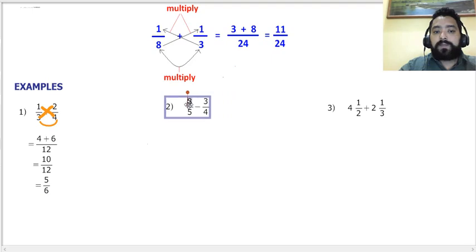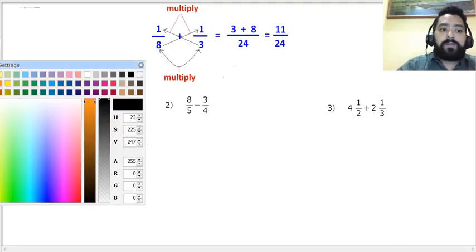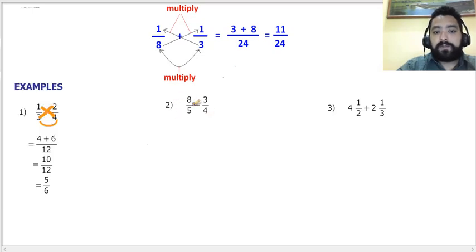Now, in this one, we are going to use, remember, cross multiplication and smile. So here we have 8 times 4, or 4 times 8. We're going to do that first, and then we are going to multiply the other two. So it's going to be 8 times 4, 5 times 3, and the smile, 5 times 4.